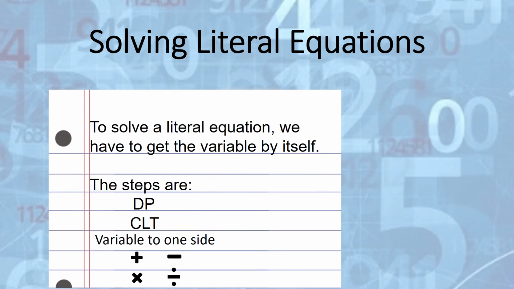So to wrap up, we just have to remember to solve a literal equation, we have to get that variable by itself. Our steps are still the same as they were before. Distributive property, combining like terms, making sure our variable is to one side, and then addition, subtraction, multiplication, division.